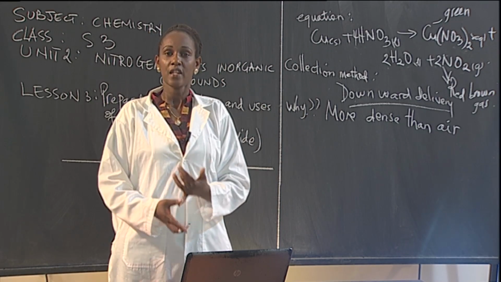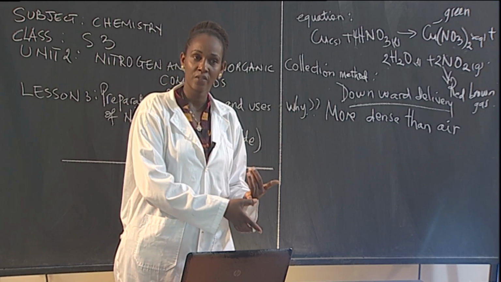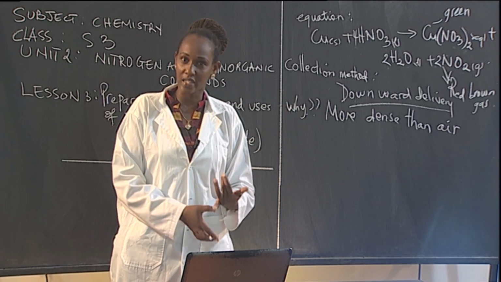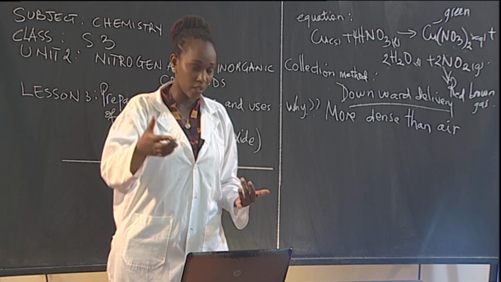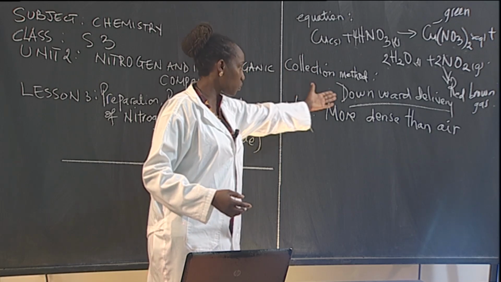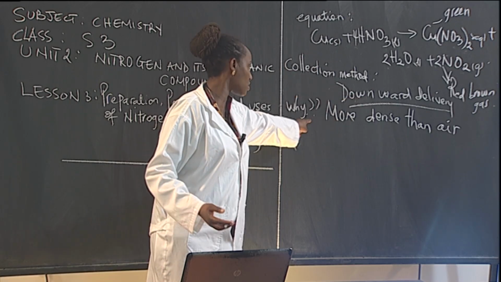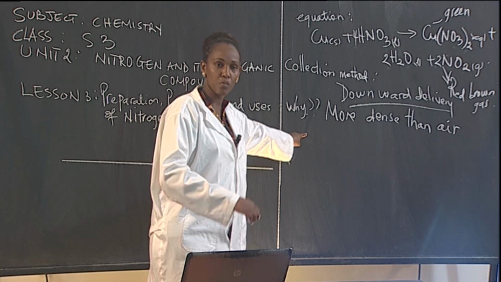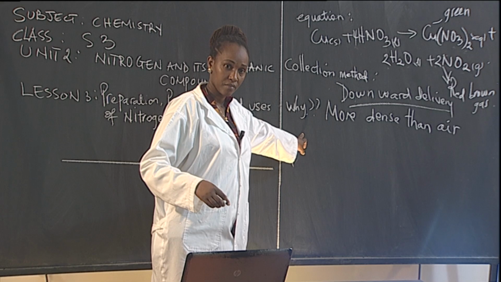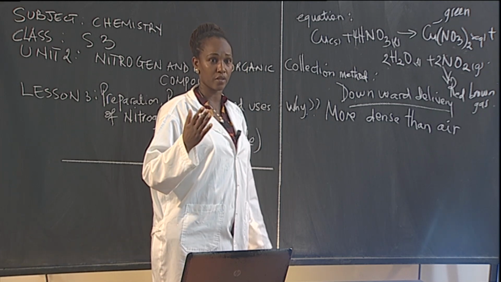One, the reagents used, that is copper turnings and nitric acid. The equation is here. The collection, downward delivery. Why? Because nitrogen dioxide is more dense than air. All right? I think that is clear to everybody.